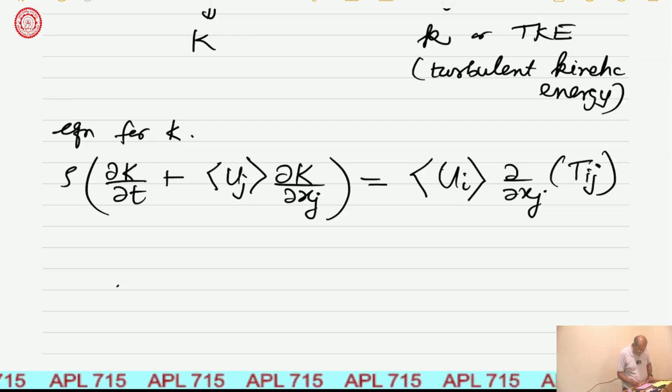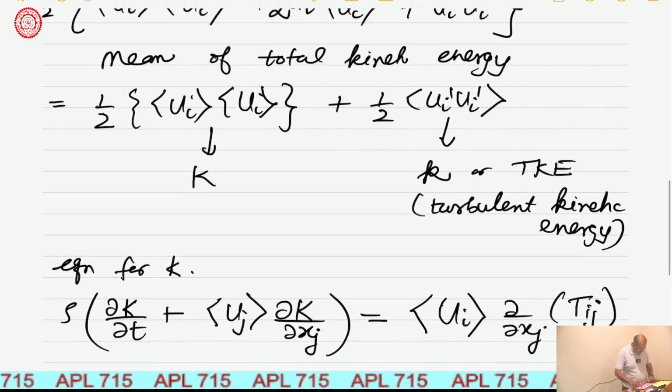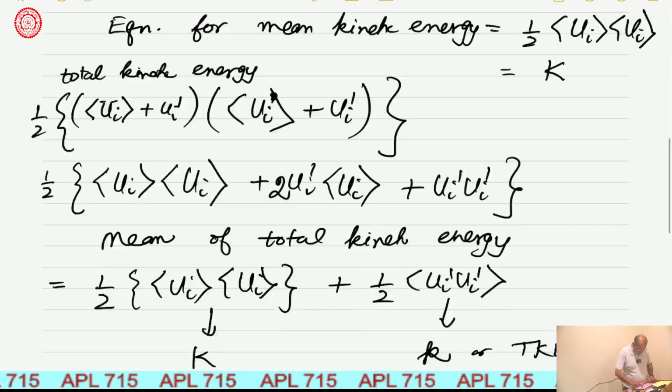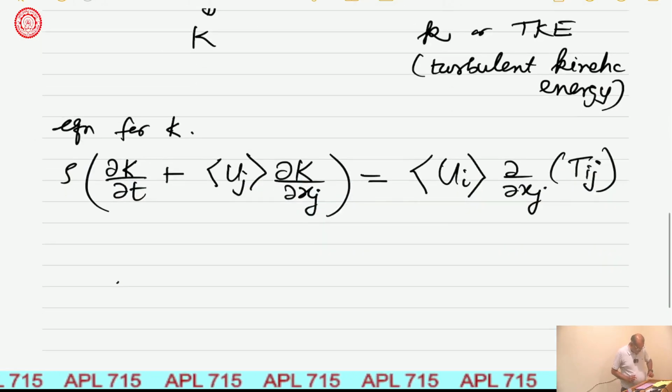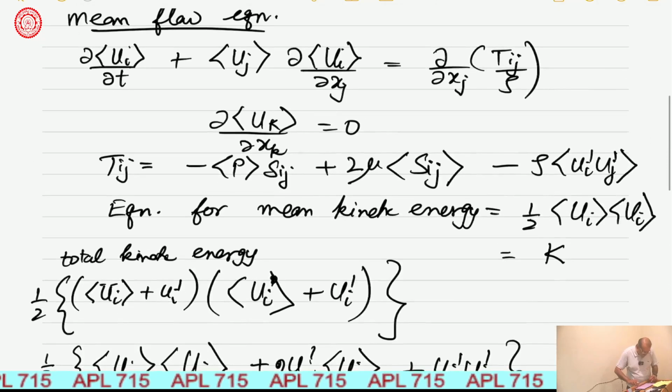Should there be a half also? No. Does Tij contain the halves or no? Because the mean energy equation is this.